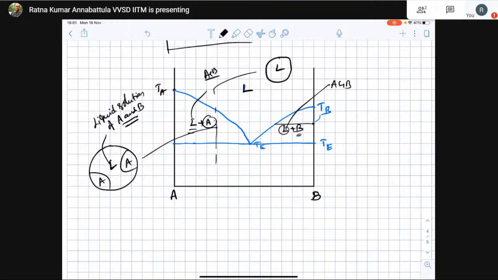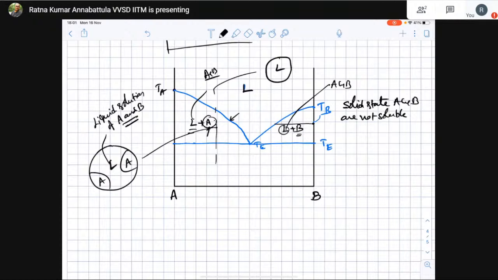So in type 2 alloy on the liquidus, yes, this is our liquidus line, it is written as pure A. So when I say A, it is pure A. Why? Because in the solid state, A and B are not soluble.